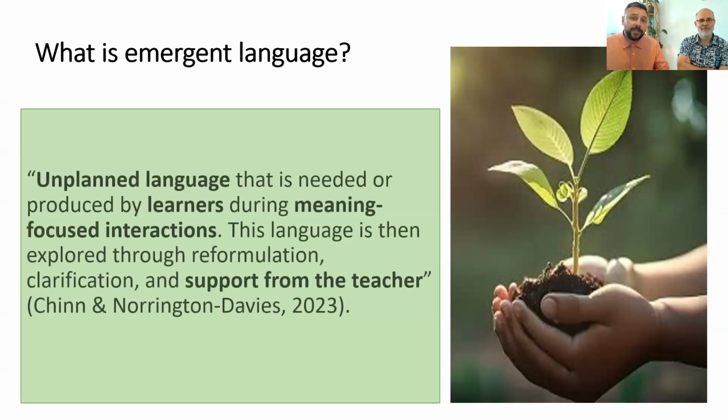This is the definition that Danny and I came up with when we came to write our book. And it's unplanned language that's needed or produced by learners in meaning-focused interactions. This language is then explored through reformulation by the teacher, clarification, and support in general from the teacher to help the learners say what they want to say.